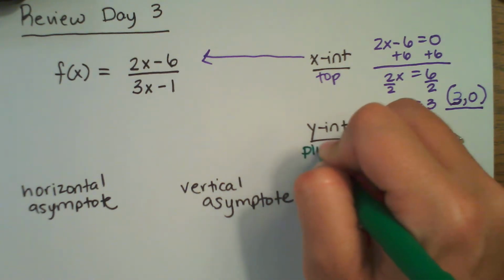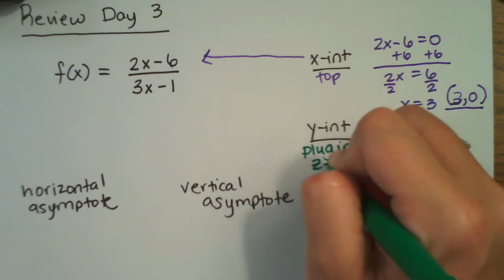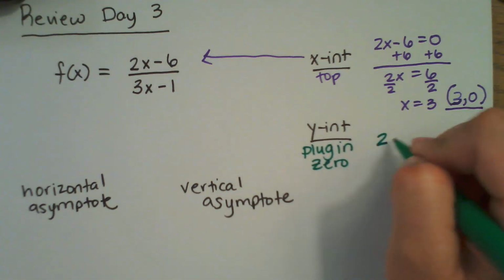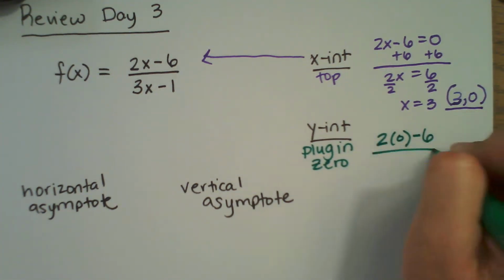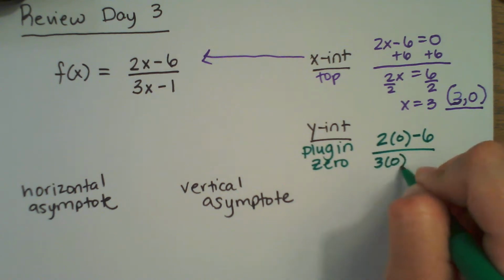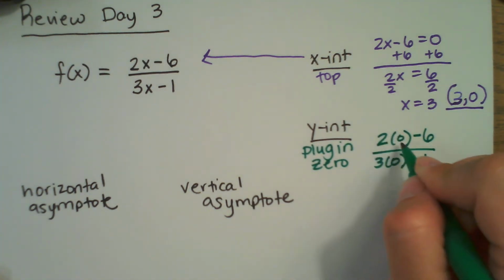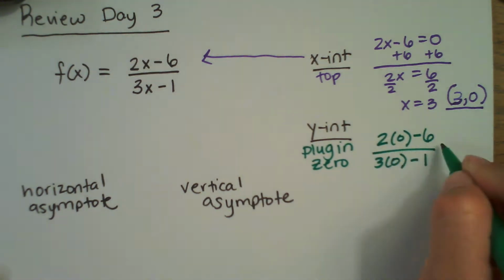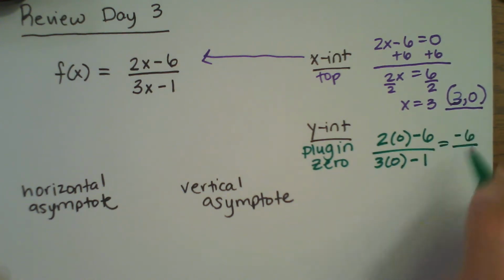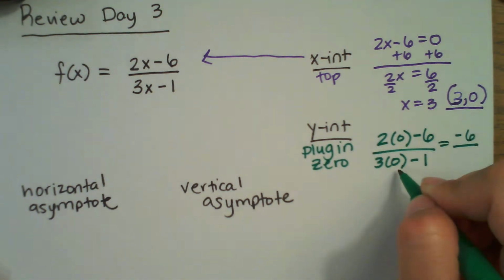The y-intercept comes from plugging in 0 for both of the x's. So 2 times 0 minus 6 over 3 times 0 minus 1. So that would become 2 times 0 is 0. 0 minus 6 is negative 6. 3 times 0 is 0.